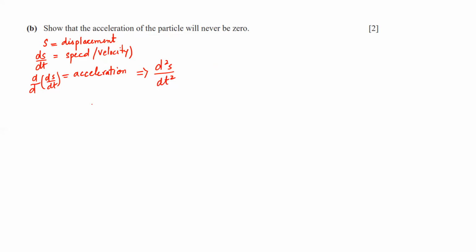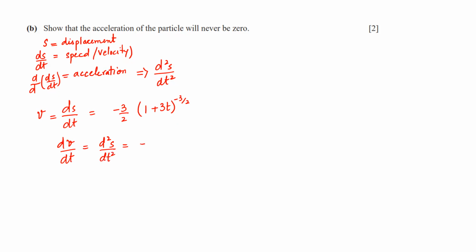We have already found the value of ds by dt. Let us call it v, which was minus 3 by 2, (1 plus 3t) power minus 3 by 2. Now let's take dv by dt, which turns out to be d2s by dt square.